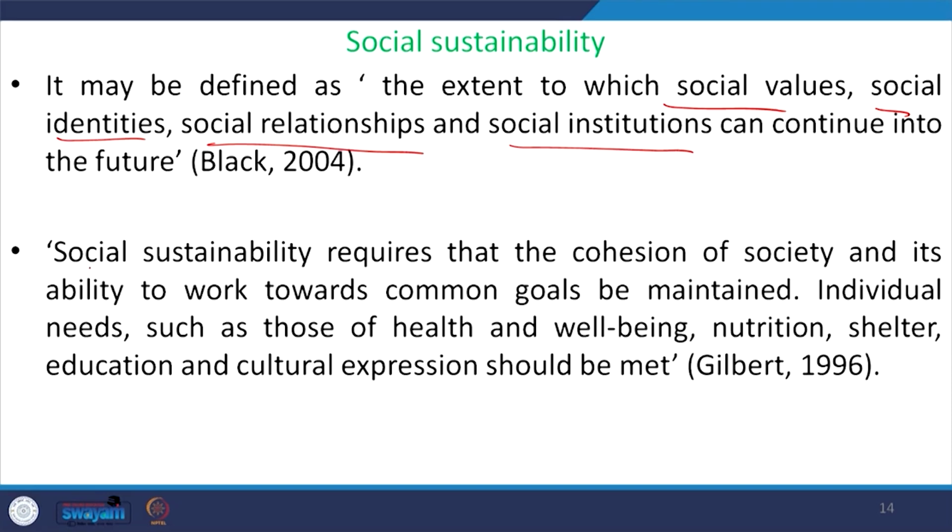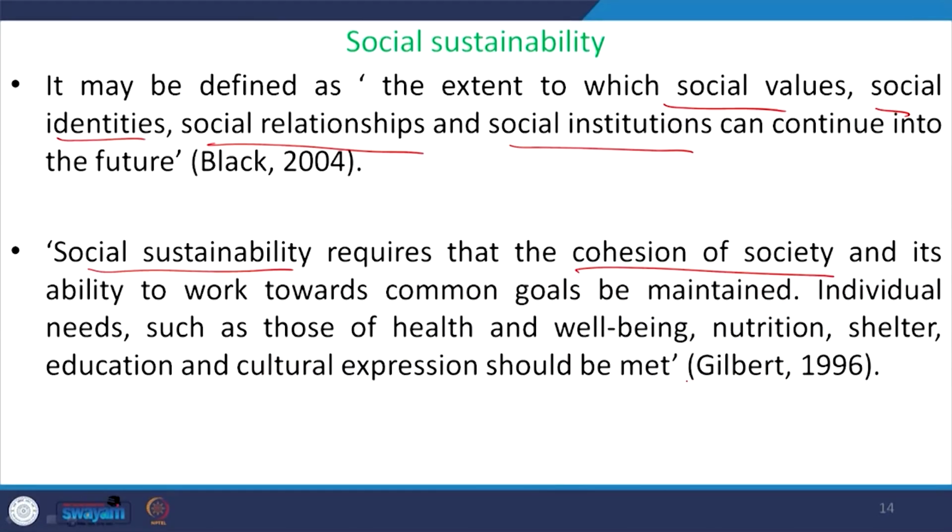So this social sustainability requires the cohesion of the society, its ability to work towards the common goals, so that the individual needs like health, well-being, education, nutrition, shelter and the cultural expression can be met.